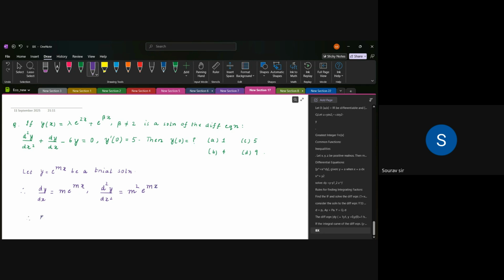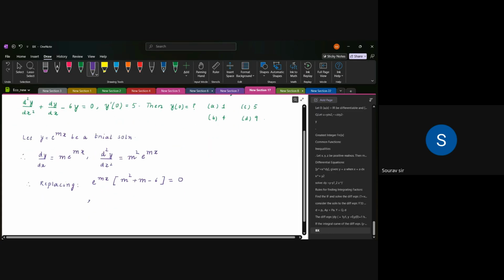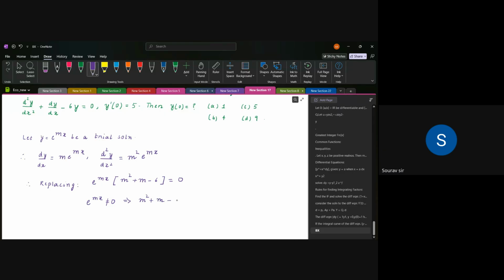If you replace the values, e raised to the power mx will be out: m squared plus m minus 6 equals 0. Since e to the power mx is not equal to 0, your auxiliary equation is m squared plus m minus 6 equals 0. And if you solve this, what are we getting? m is 2 and minus 3, right?